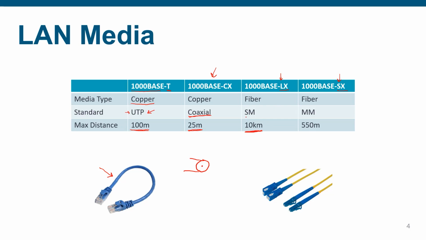This uses single mode fiber as opposed to our short using multi-mode fiber. Single mode fiber is specifically designed to transmit a single wavelength of light. This is a fiber optic connection where we have a small glass fiber inside of our actual cable here.